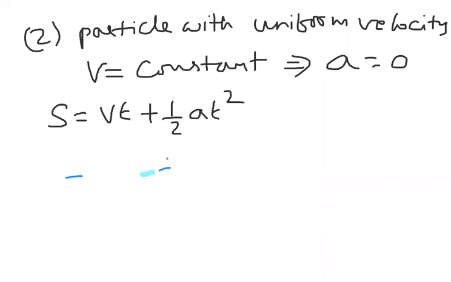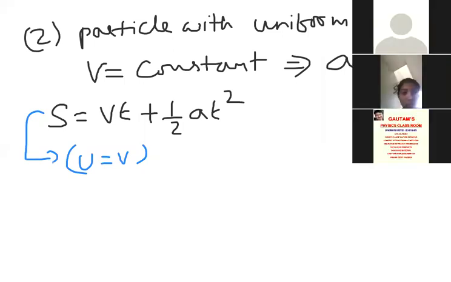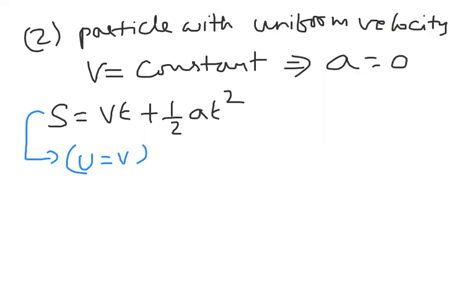Constant velocity means the velocity value is constant, so u is equal to v. Everywhere velocity is the same, so I am taking u equal to v in this expression. Now s = ut + 1/2 at² is my equation, and in the place of u I have written v.